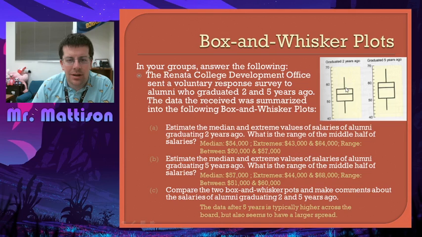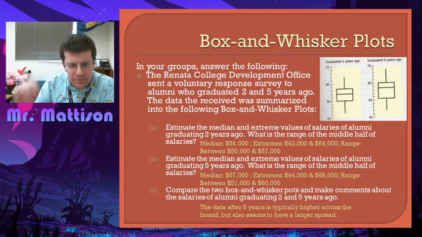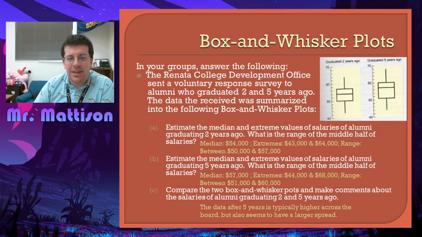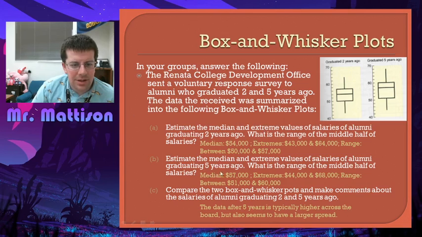And then our interquartile range is going to be from here to here, which if we subtract that, is going to be about 7,000, so between 50 and 57.